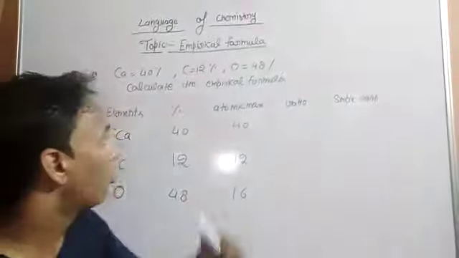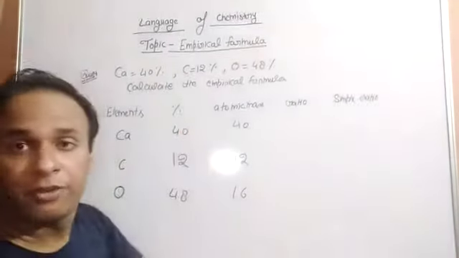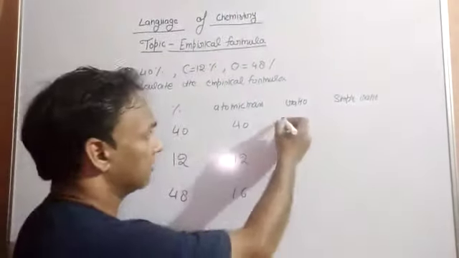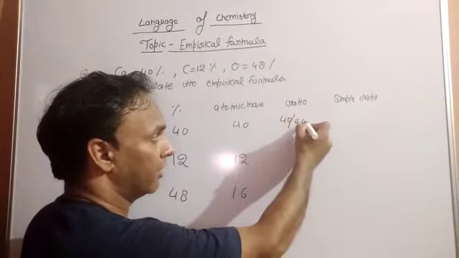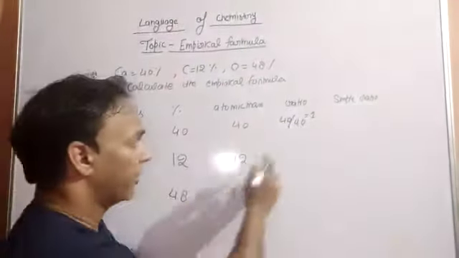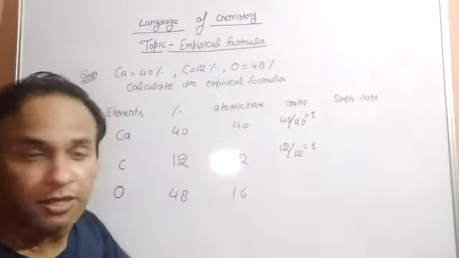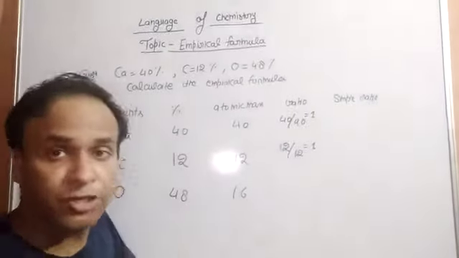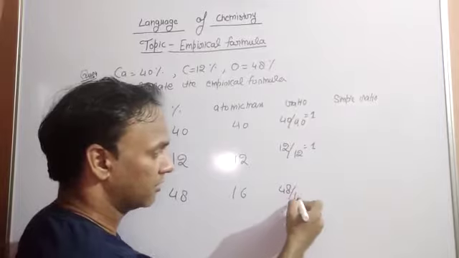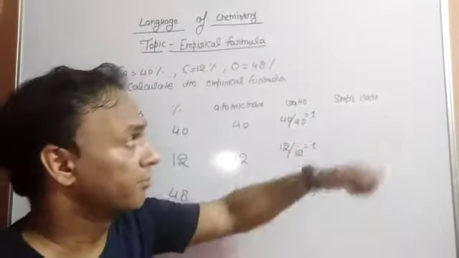It is percentage divided by atomic mass: 40 divided by 40, that is 1. Carbon 12 divided by 12, that is 1. Now the ratio of oxygen, 48 divided by 16, that is 3.